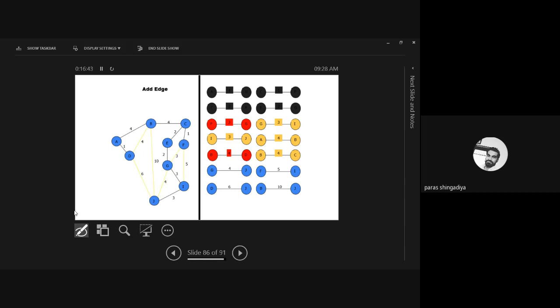Then F to I, weight 5, we cannot include because it creates a closed walk. Then D and J, weight 6, also creates a closed walk using all these vertices. And last is B to J, weight 10, which also creates a closed walk using these 6 vertices.